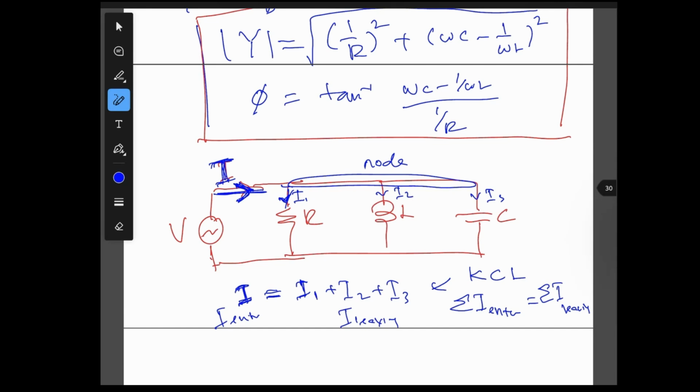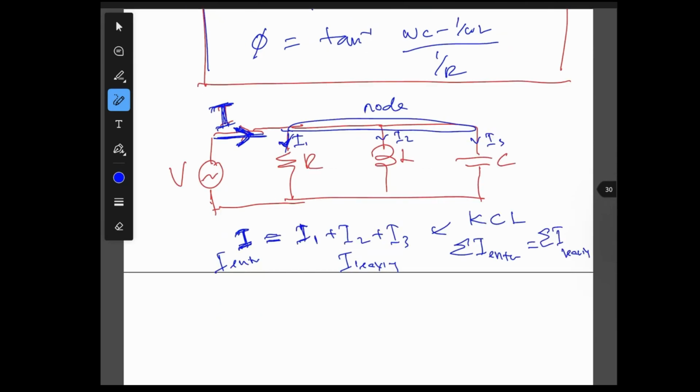So how to find I1? We know that for parallel components, they have the same voltage. So the voltage across R equals V, equal to the voltage across L and equal to the voltage across the capacitor, due to the parallel connection.